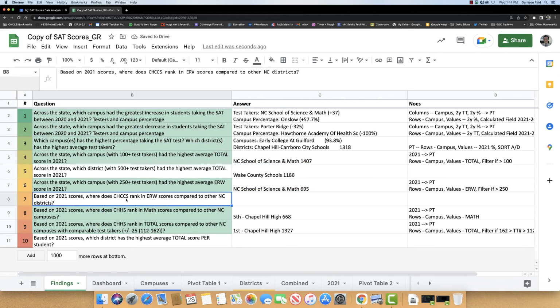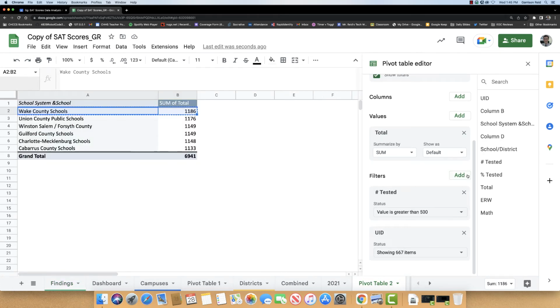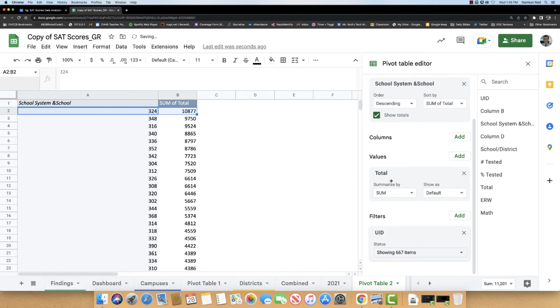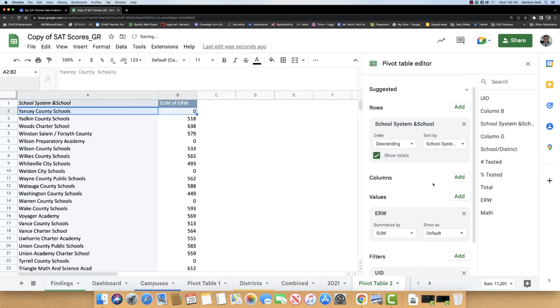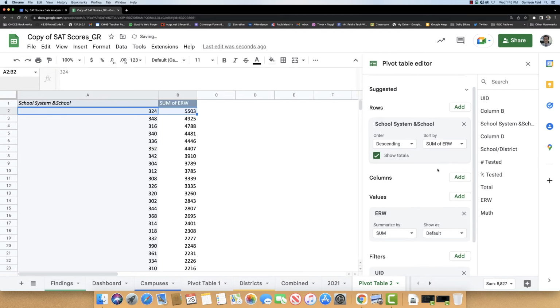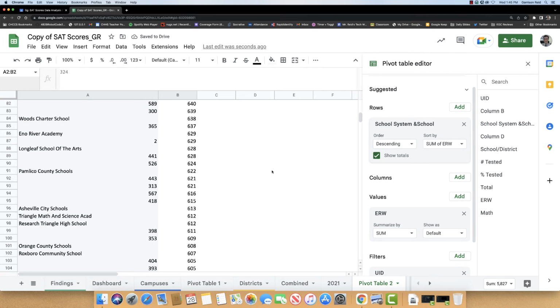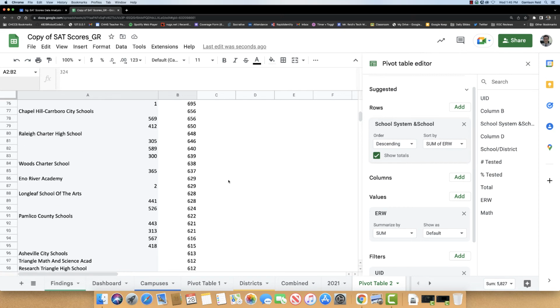Then it says, where does Chapel Hill rank in ERW compared to other North Carolina schools? So let's look at a couple things. Don't have any filters. I want to look at ERW. I want to sort by ERW. And let's do something here to fix this.